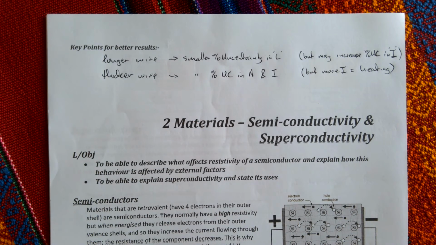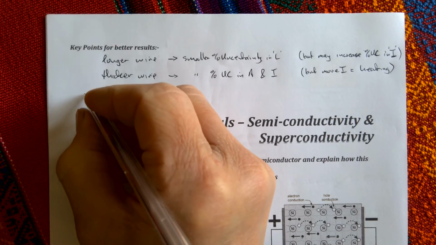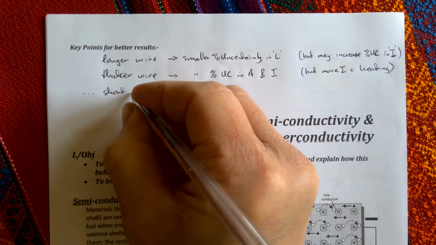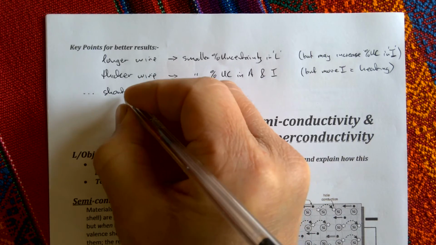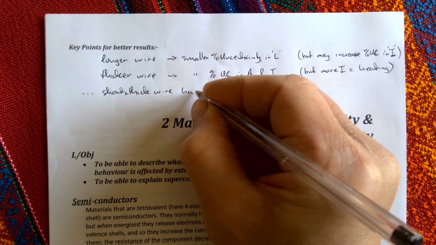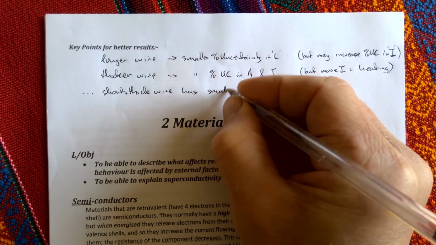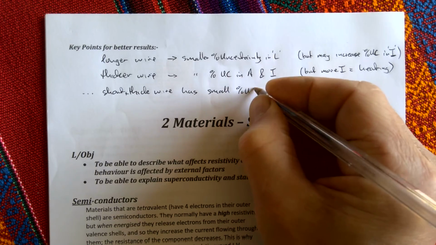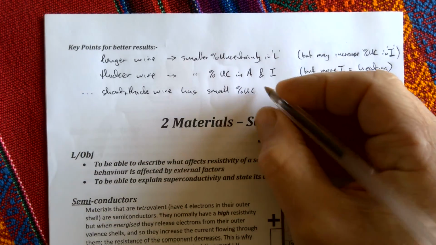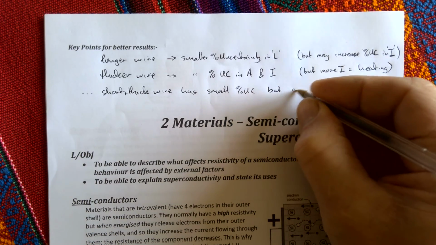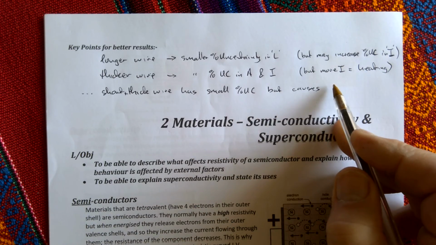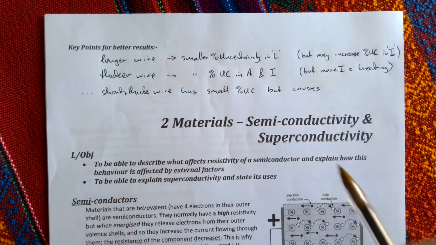So overall, what that leads us to is a short thick wire, or short fat wire, which has smaller percentage uncertainty, but as he said there, it brings in these other factors. So the measurements will be better.